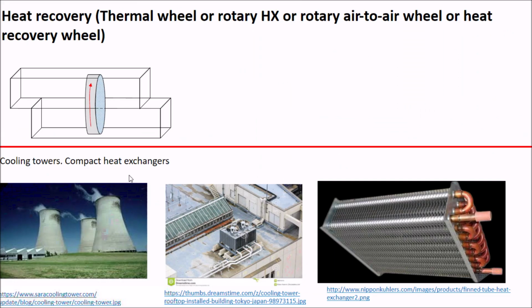And then we have one more heat exchanger, which is famous for ventilation systems. These are called heat recovery, because you are recovering the heat of the room. These are also thermal wheels, rotary heat exchangers, rotary air to air wheel heat exchangers, or heat recovery wheels.